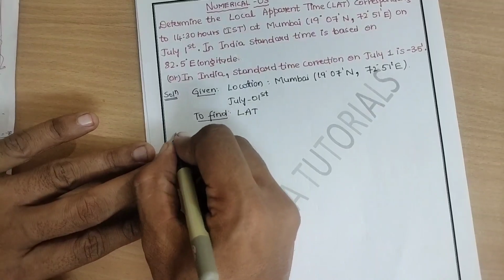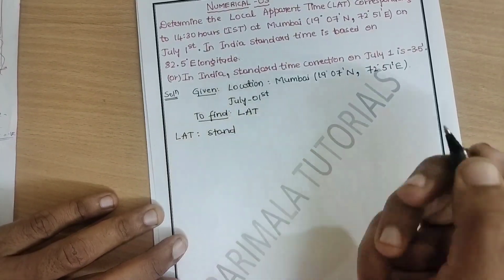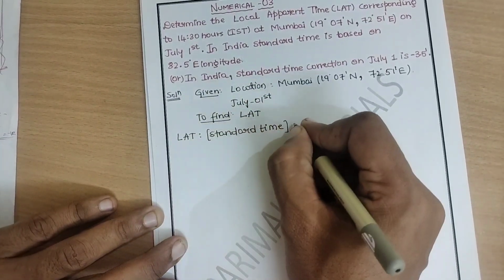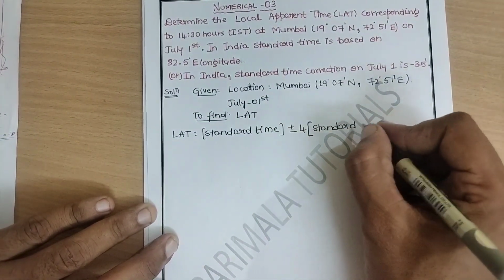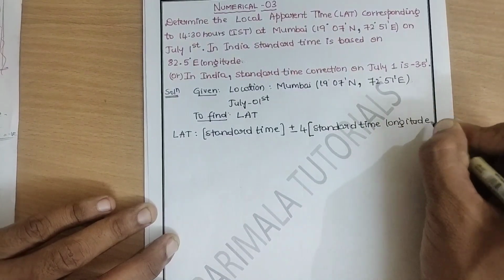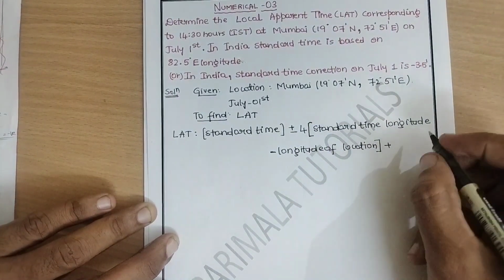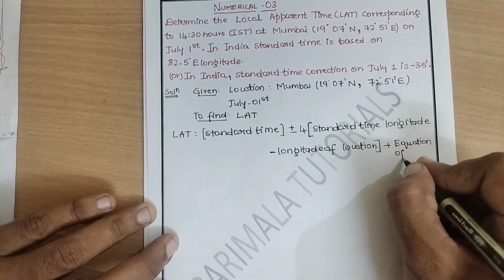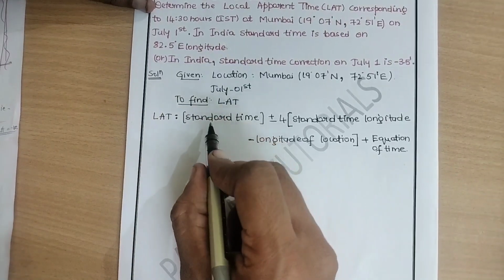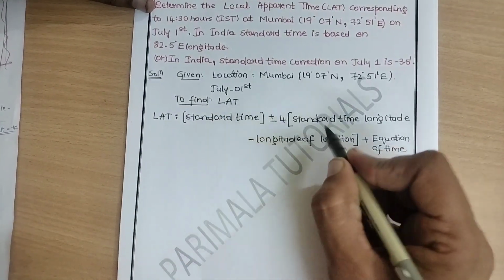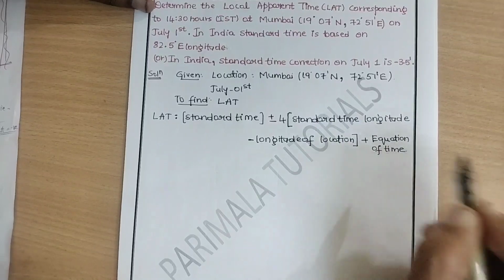In order to find it, we have a beautiful equation. The local apparent time is given by this equation: LAT is equal to standard time plus or minus 4 times the standard time longitude minus the longitude of the location, plus the equation of time.